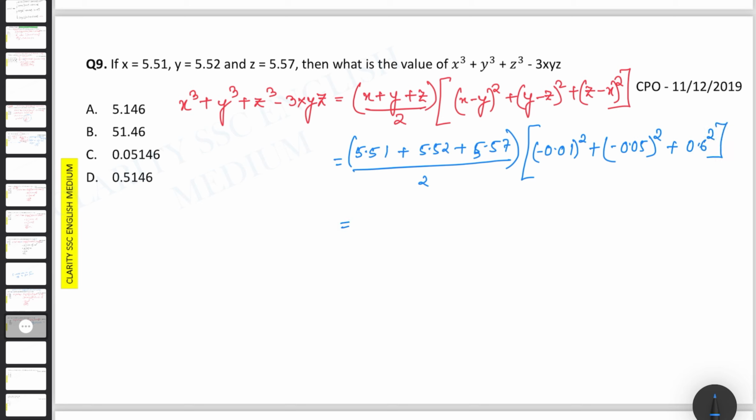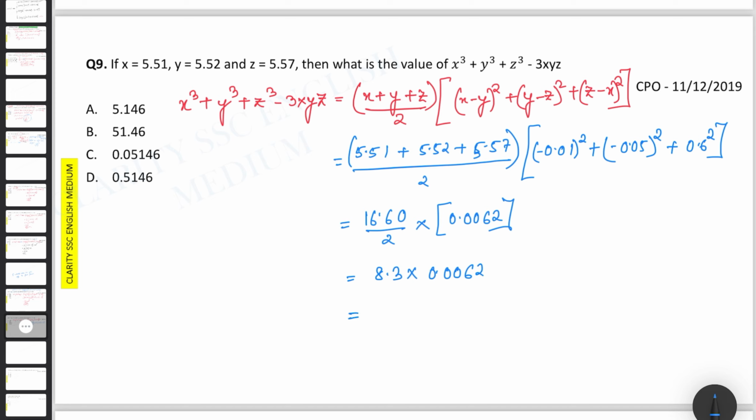What will be the value here? 0.0062, yes, it's 8.3 into 0.0062.